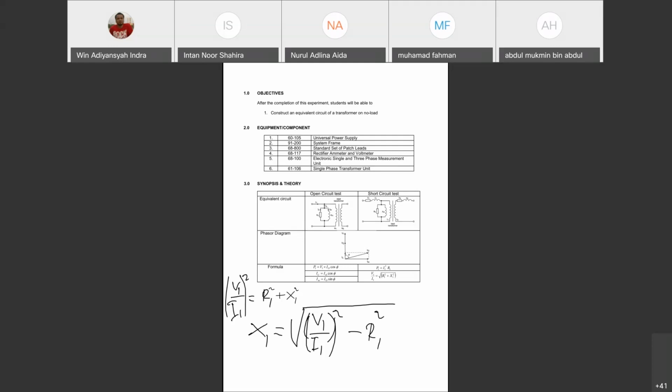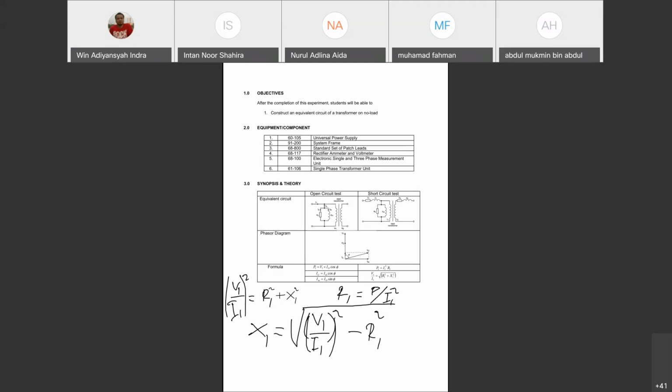R1 is from here: R1 equal to P over I1 squared. You get X1 then.